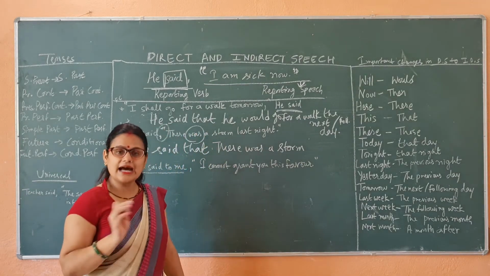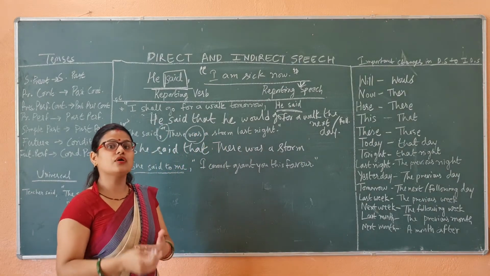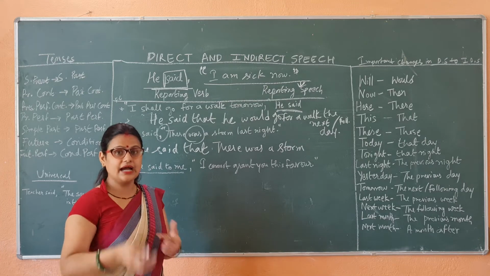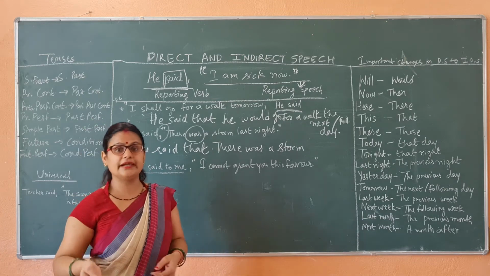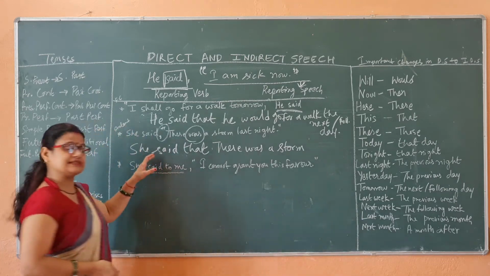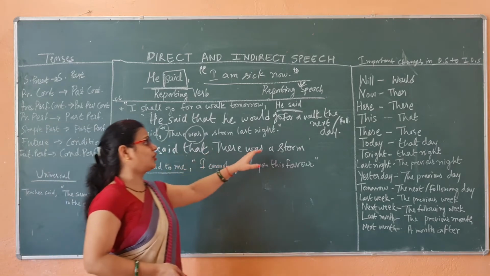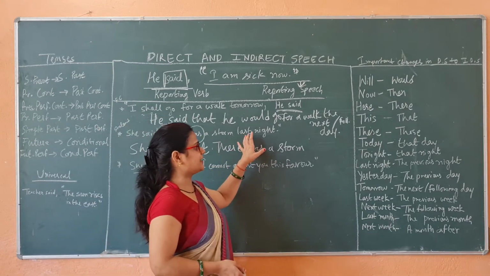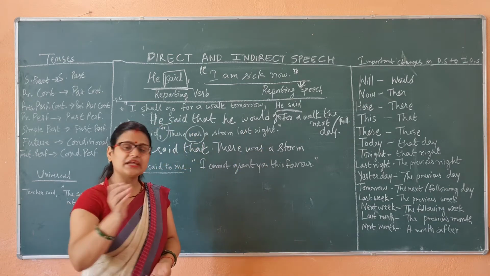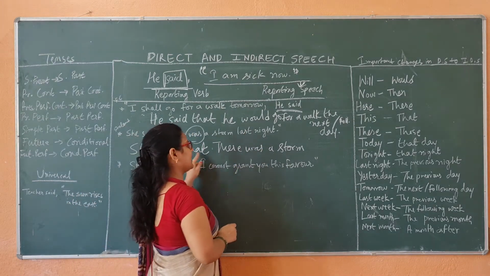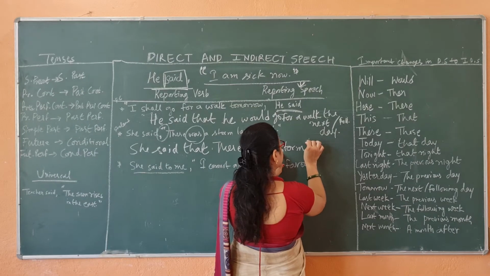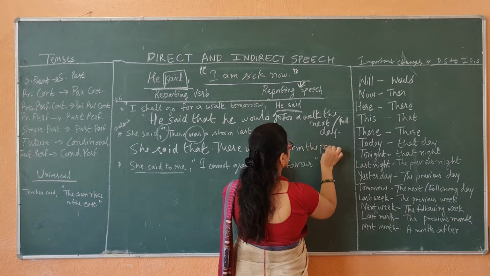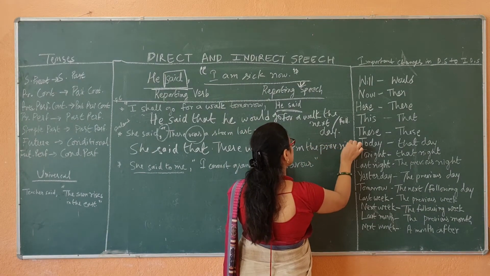Last night it was when she said that. Now this message is conveyed indirectly, but it is a statement, so that is the reason we have not made any changes here. But we will change last night. What could be the change? Previous night. So she said that there was a storm the previous night.